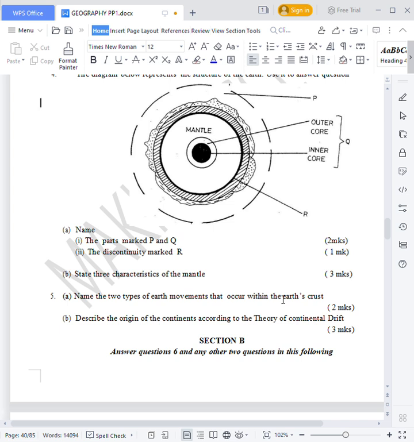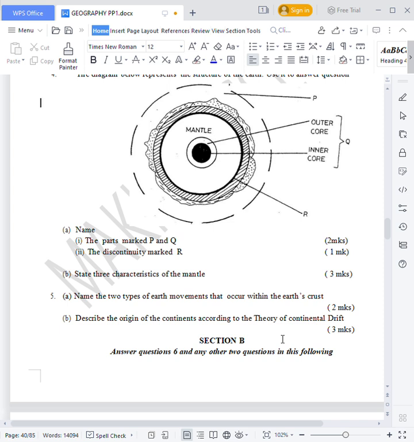So we say, there was one landmass called Pangea, surrounded by a sea called Panthalassa.